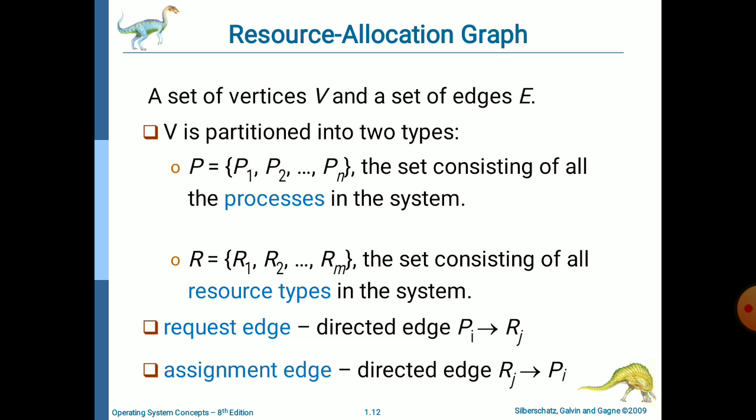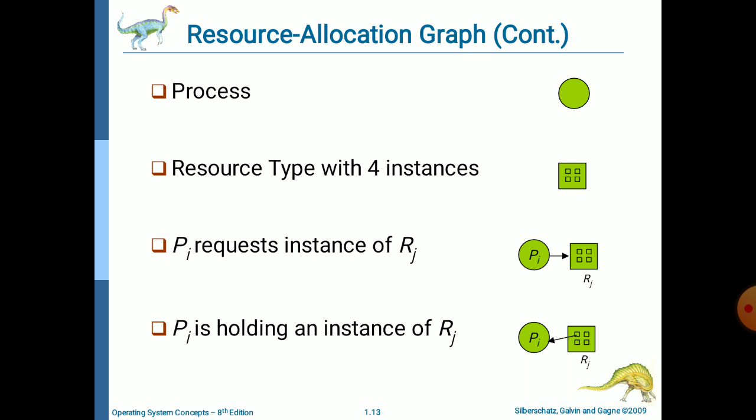A request edge is nothing but a process requesting a resource. It is directed from process to resource. And an assignment edge is nothing but a resource allocated to a process, which is directed from resource to process.